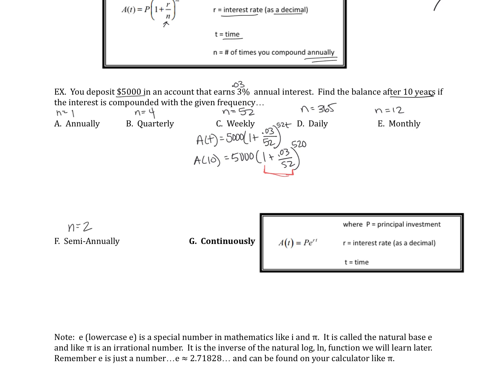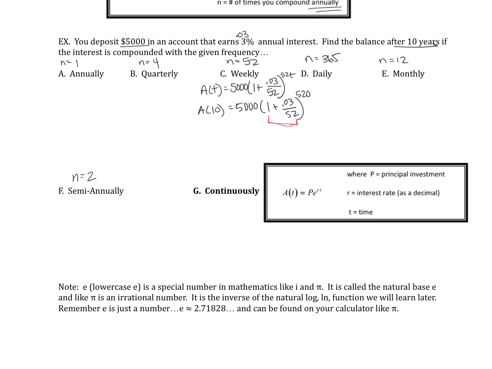So this is something new for us. Sometimes there's continuous growth. It's compounded continuously. It's decaying continuously. It's growing continuously. And we introduce this new special number, this lowercase e. Now I'd like to mention that it's an actual number.